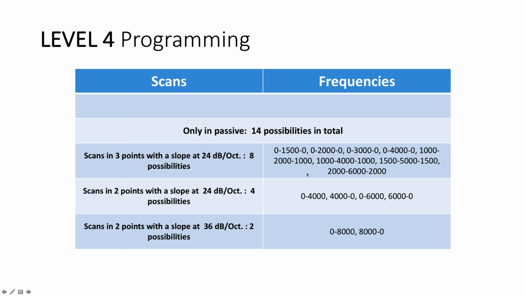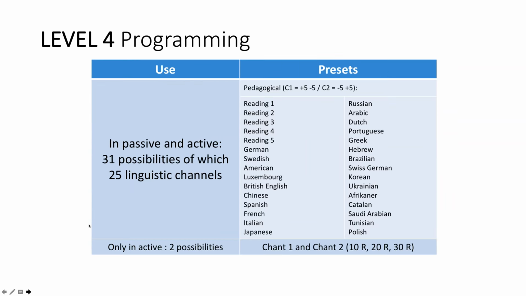So the scans, we use them when we're working a lot on sound discrimination, for example, or musical analysis, on working memory. We can also use them to open the selectivity, but we have to have used filtering before using the scans. And we also work with them for linguistic integration to work on specific areas. So you see that we have more possibilities.